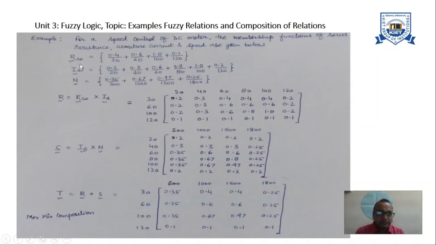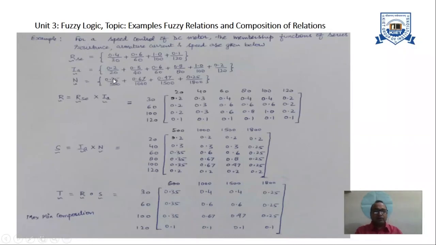Once I establish a relation between these two fuzzy sets, that relation is represented by R. And suppose I maintain a relationship from current to the speed of the motor; that relationship is represented by S. So now see what is happening: we have one fuzzy relationship which works on two fuzzy sets, a fuzzy graph from R to I, and then a fuzzy graph from I to N. Our objective is to make a relationship between the series resistance and the speed of the motor.